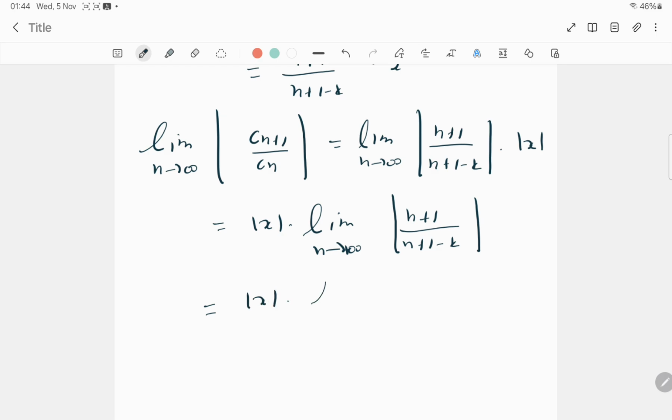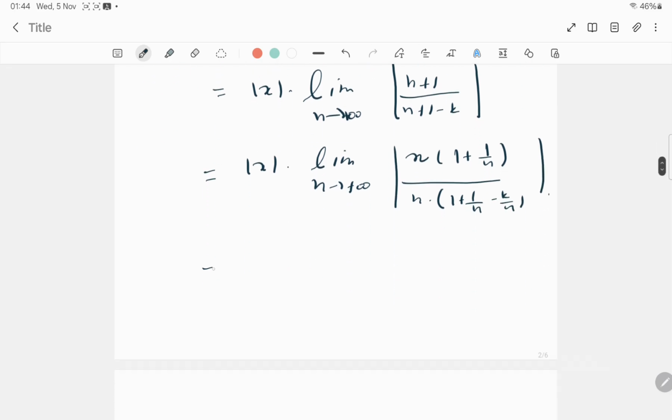So let's manipulate this limit. The maximum, the linear term n to the power of 1, take as common factor: the numerator is going to be n times 1 plus 1 over n, and the denominator is n times 1 plus 1 over n minus k over n. So as n grows to infinity, this will go to 0, this will go to 0, this will go to 0, so the whole thing is going to 1.